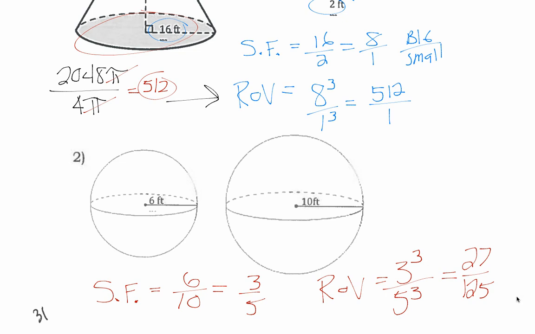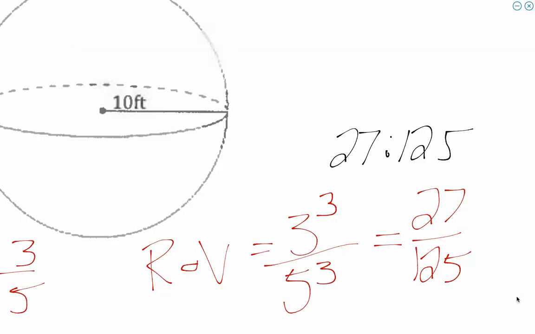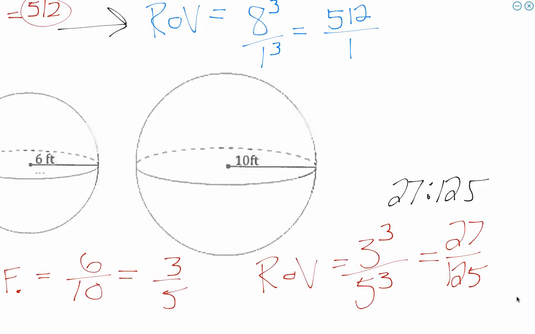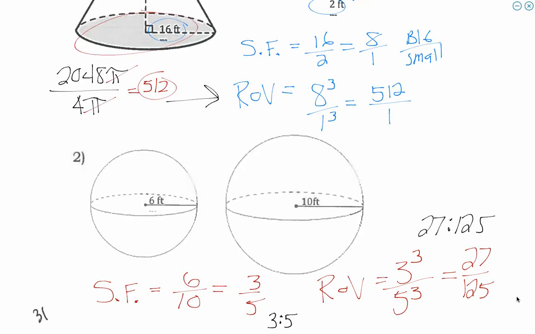In your exit tickets and in your test, I'm going to have you write these in the format with a colon instead of a fraction. Just a little bit easier for me to write the problem that way. Remember the different ways we can write those ratios.